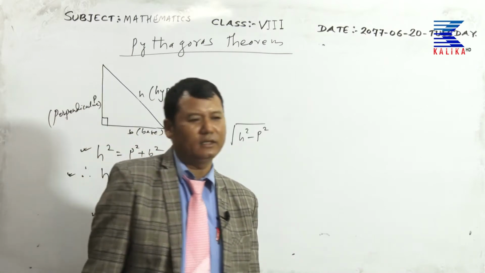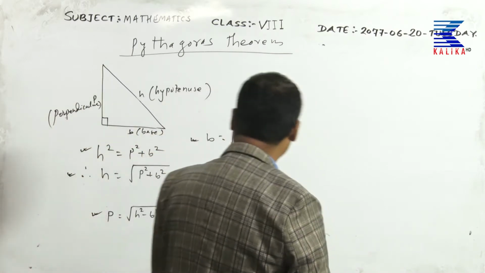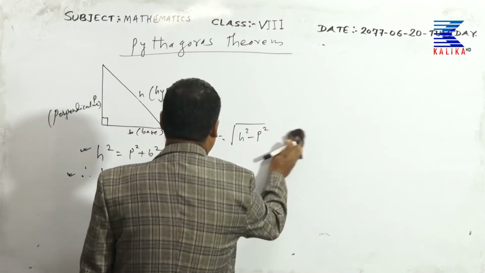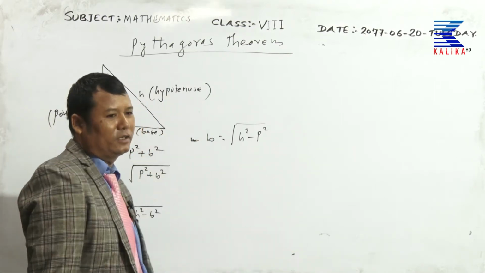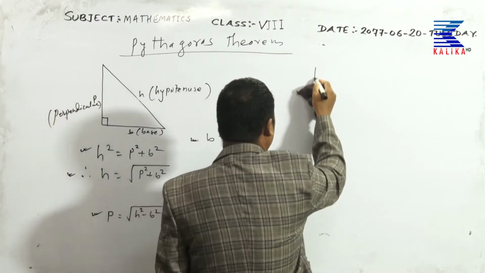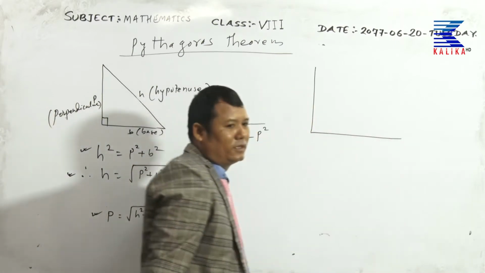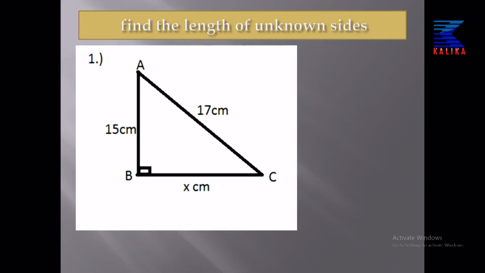Find the length of the unknown side. Now look at the slide please. Here A, B, C, it is x, it is 17, it is 15.